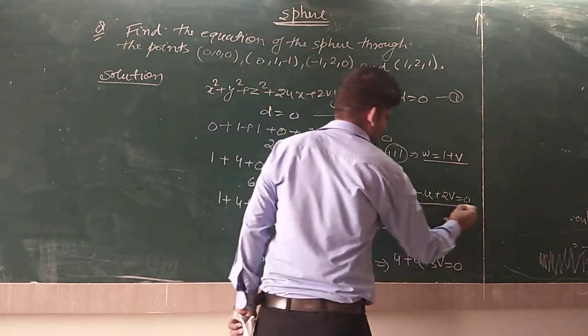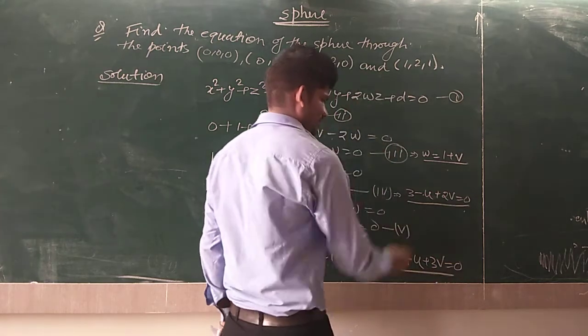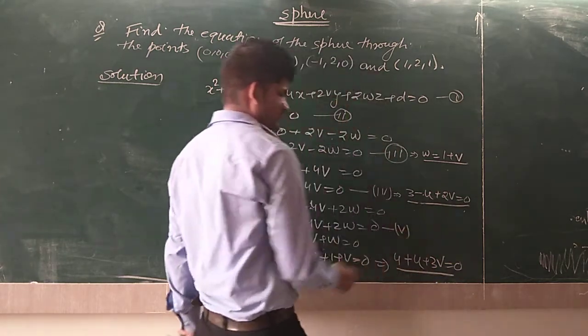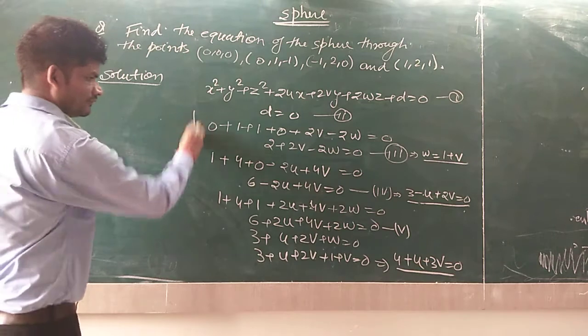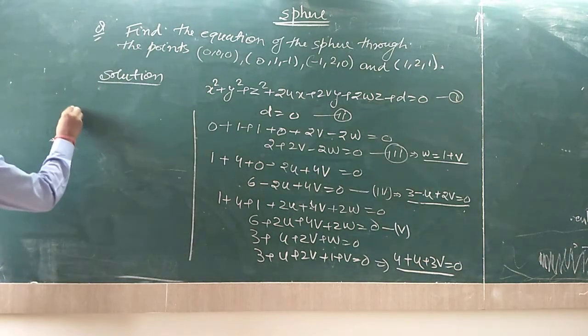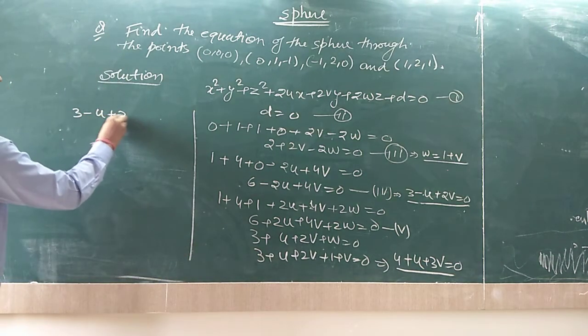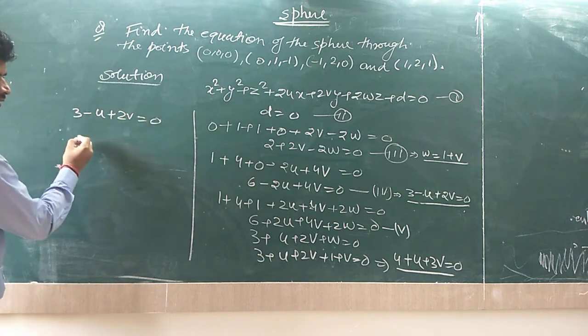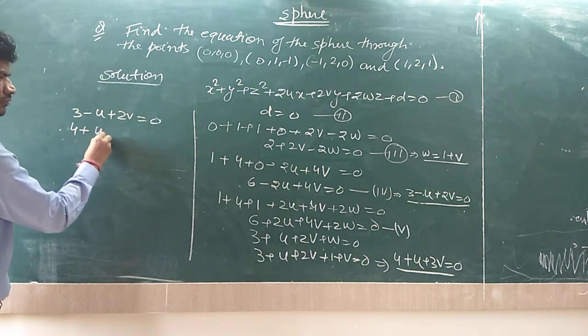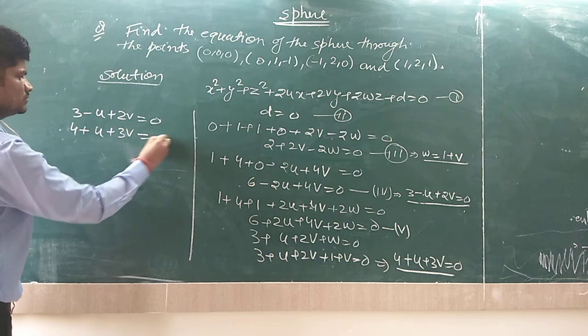Now solve this equation and this equation to find the value of u and v: 3 minus u plus 2v equal to 0, and 4 plus u plus 3v equal to 0.